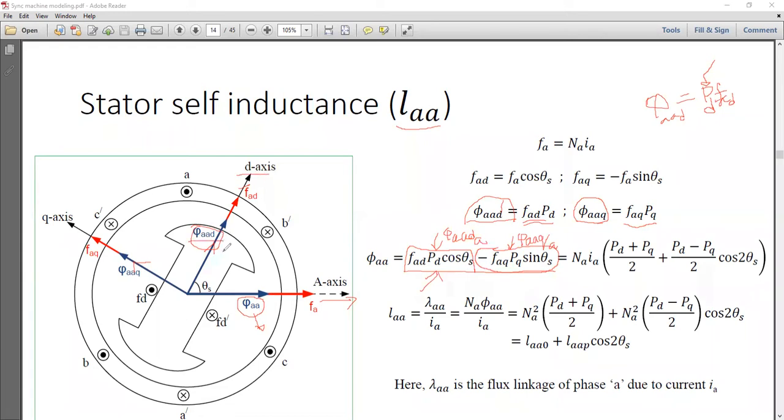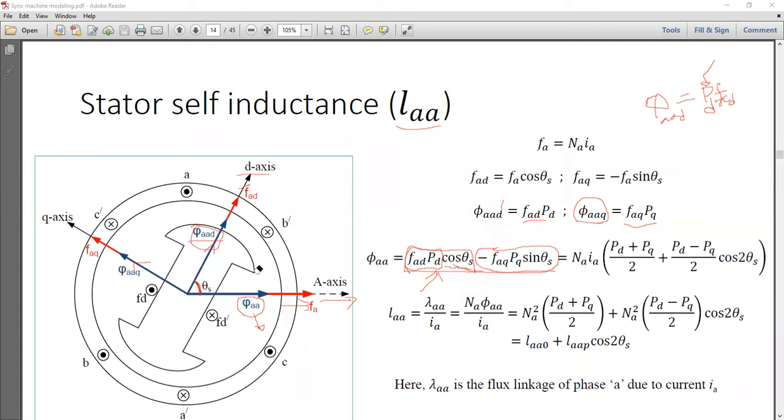You need the component of phi AAD along the A axis. What is the angle between them? Again, theta s, right? So this would be simply phi AAD multiplied by cosine of theta s. What is FAD PD? This is phi AAD, right? And the component of phi AAD along the A axis is phi AAD multiplied by cosine theta s. So that is FAD PD multiplied by cosine theta s. Got it? Okay.